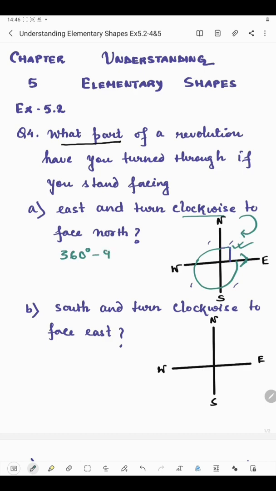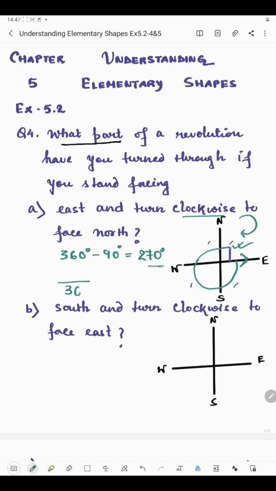So if you subtract, then 0 minus 0 is 0, 16 minus 9 is 7, 3 will be 2. So it's 270 degrees. That means the reflex angle from east to north is 270 degrees. Now we need to write it as a fraction.